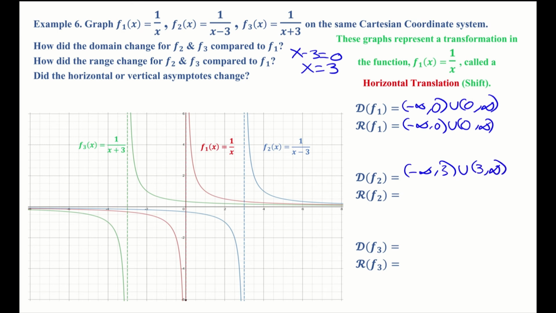And for the range, of course, remember both the blue curve and the green curve, which we'll discuss in a minute, have the same output zones, so the range is the same.